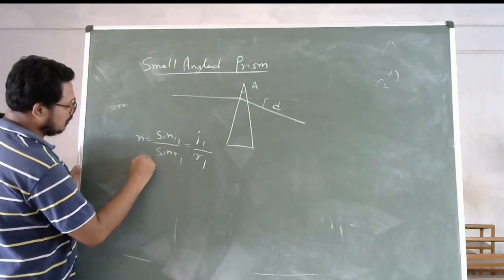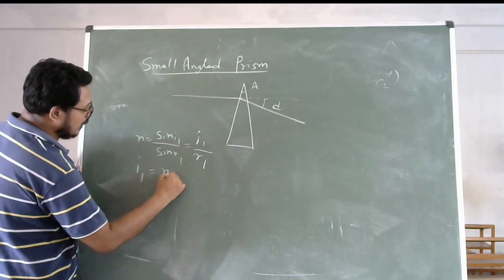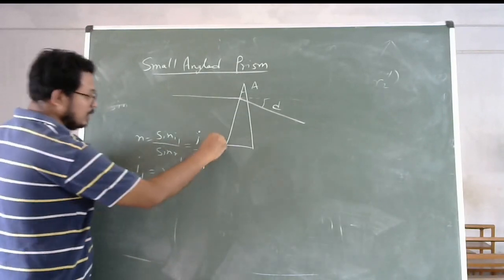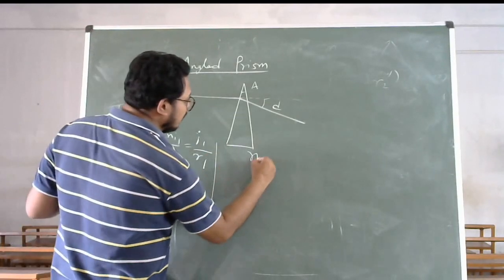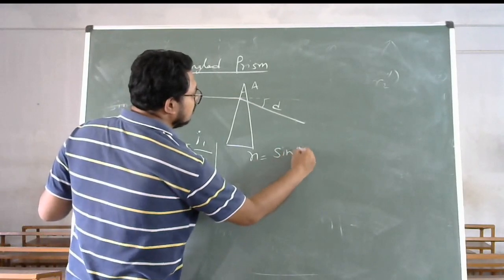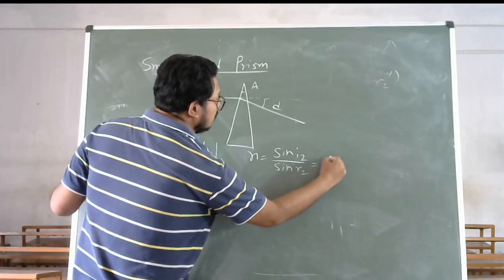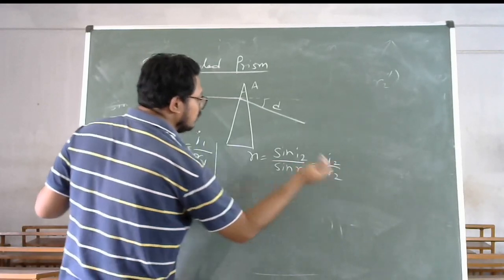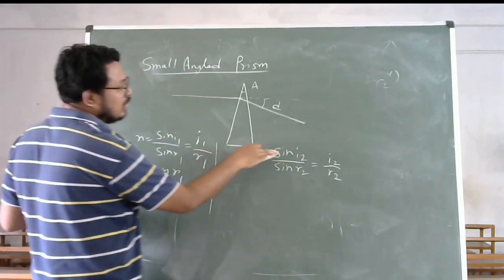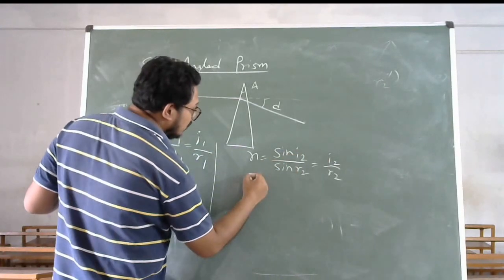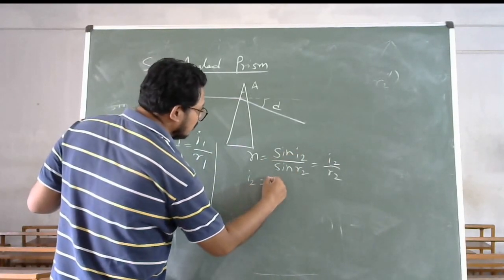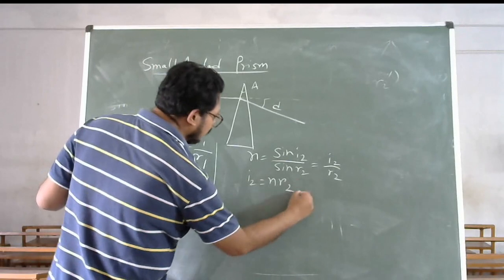From here we can find I1 equal to n R1. Same way, n equals sin I2 by sin R2, and because the angle is too small, sin I2 is almost equal to I2. From here you can find I2 equal to n R2.